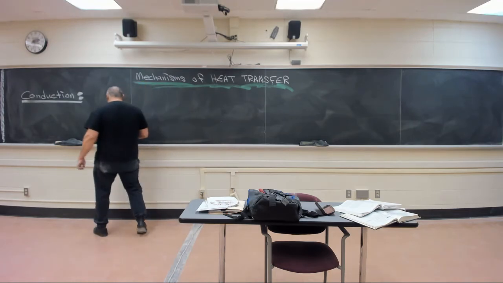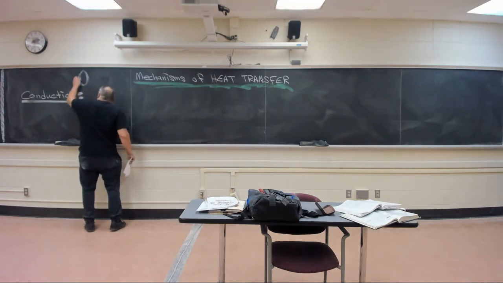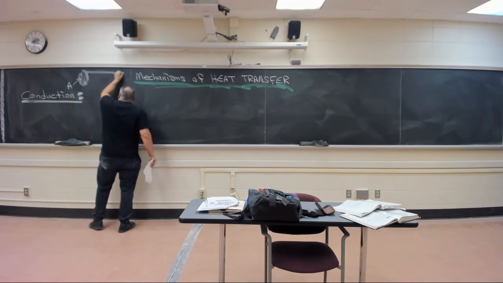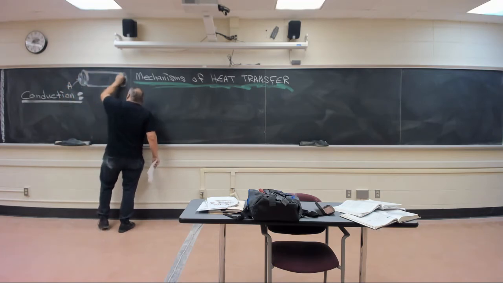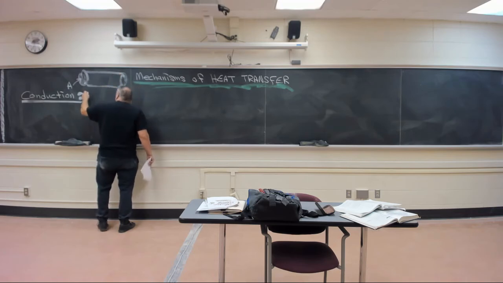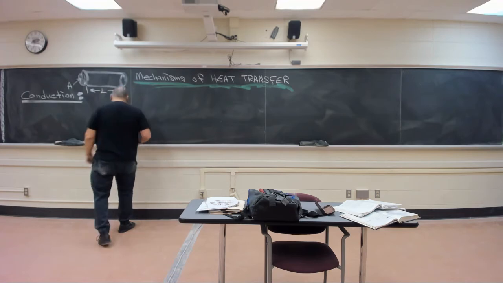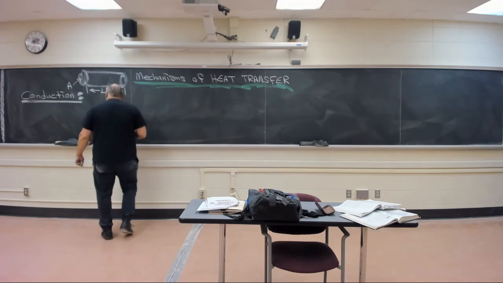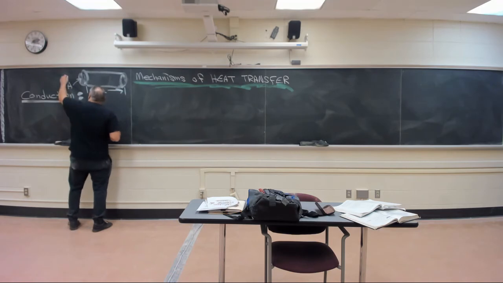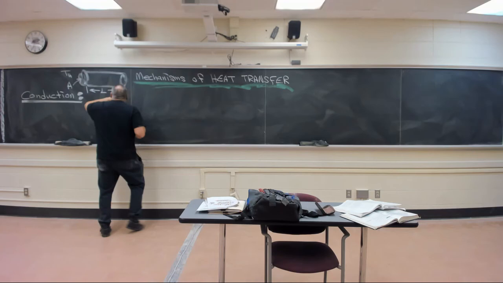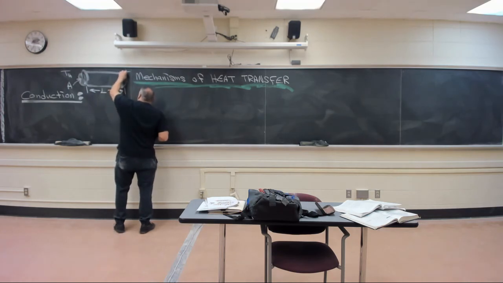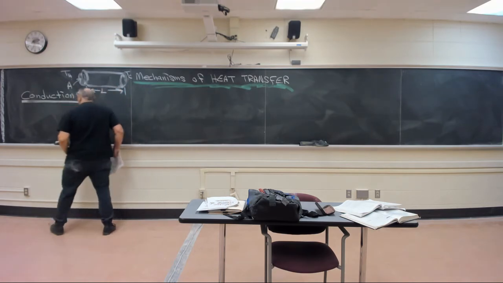Conduction. If there is an area here, area A, and it's area A here too, and it's going over a length L, and you got a temperature here of, let's say this is T hot, TH, and this right here is T cold.